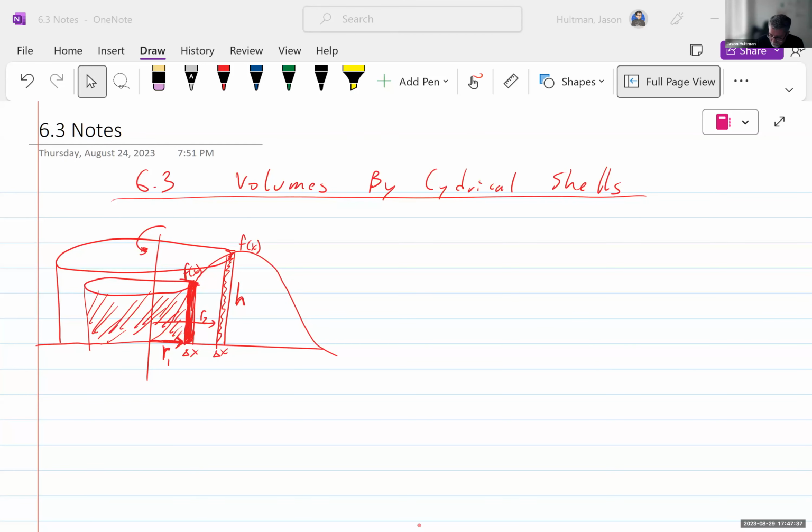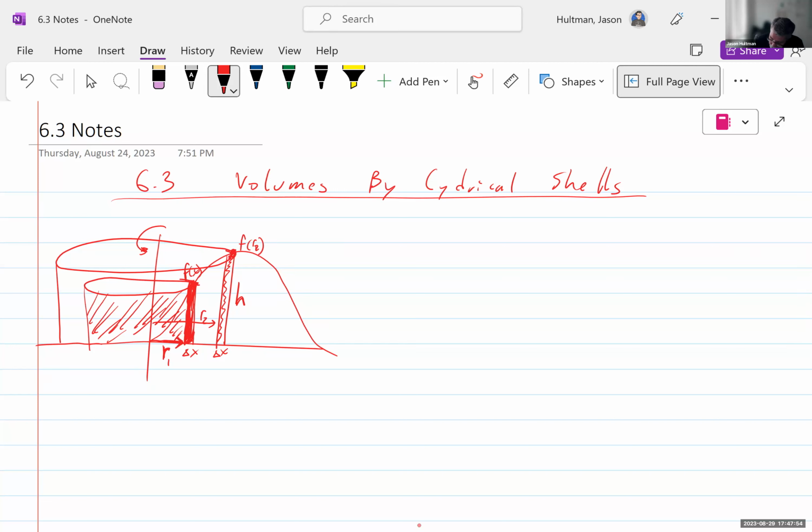We'll call that the radius value, which is really an x value. So out here, this would be f of, say, r2. That would be the height of that cylinder.